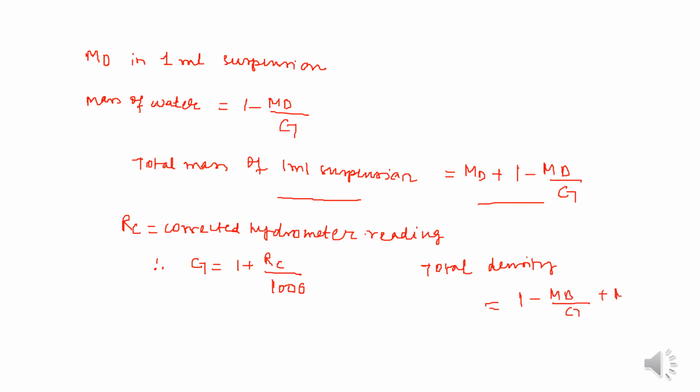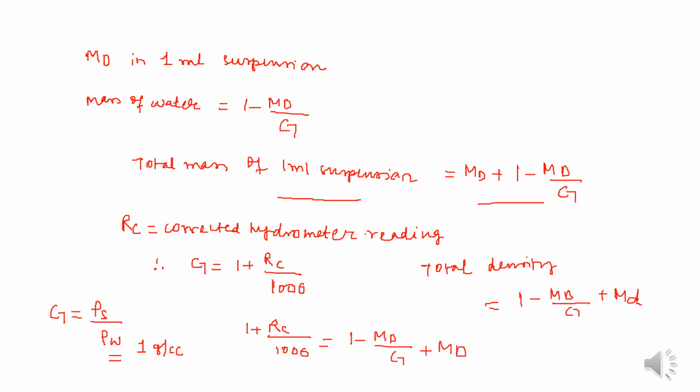Therefore, my gravity is equal to the density of the solids by density of water. So water, here we are considering 1 gram per cc, right? So simply we can equate G, that is 1 plus RC by 1000, equal to 1 minus MD by G plus MD, right?